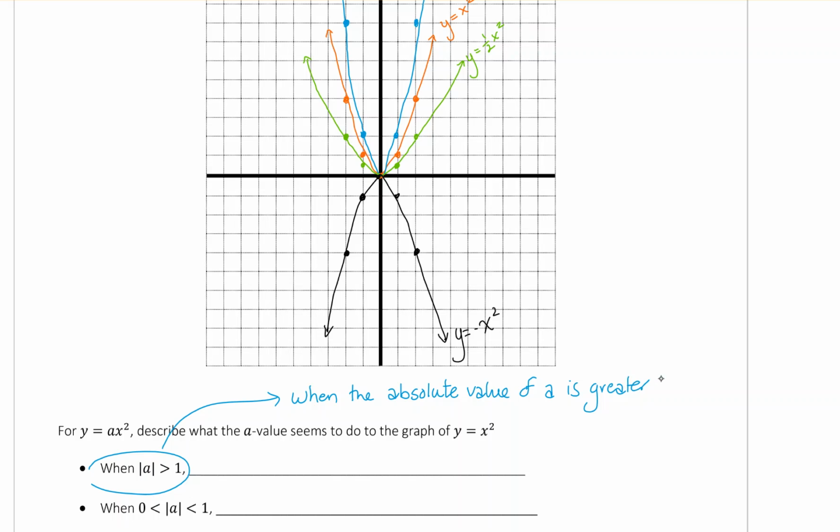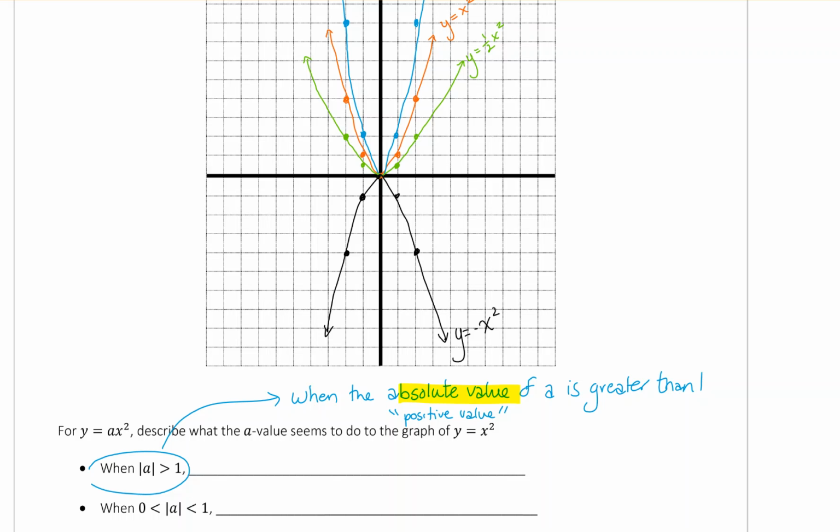Now I write that because that's what these 2 lines outside of A mean. It's the absolute value of A. The absolute value of anything simply just means the positive version, or the positive value. So if it was -2, you would say the absolute value is 2.